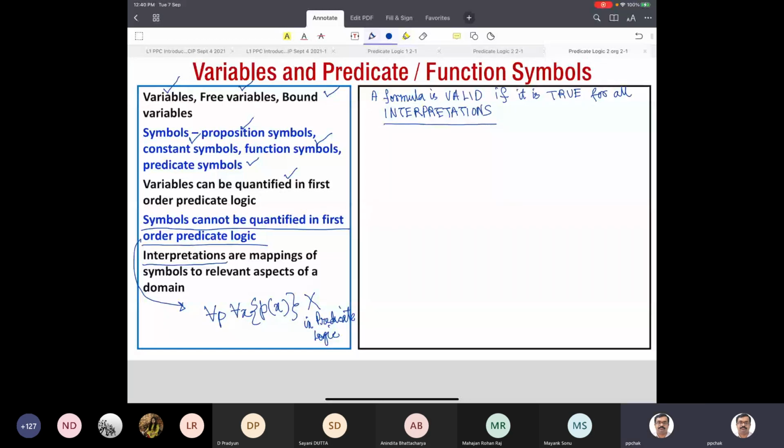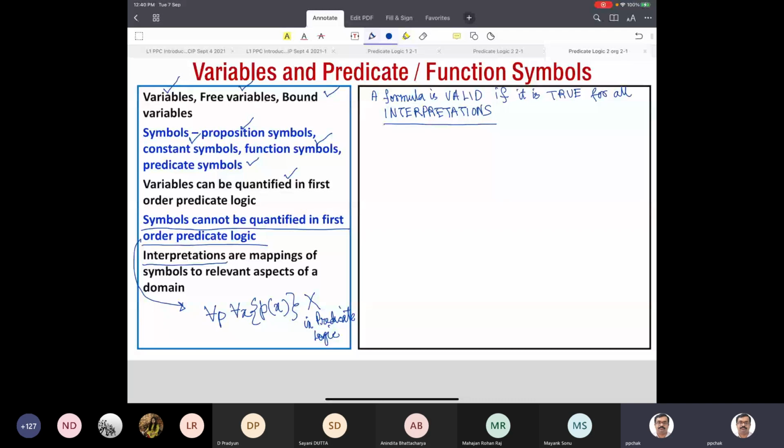Now in propositional logic, an interpretation can be created by assigning true or false values to the Boolean variables. But that is not so straightforward in predicate logic because there are so many other things. Other than proposition symbols, we have constant symbols, function symbols, and predicate symbols. So how do you define an interpretation? This is very critical.